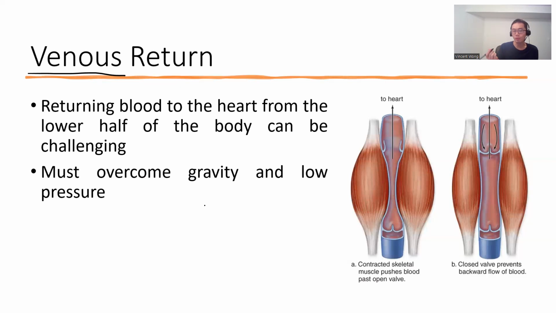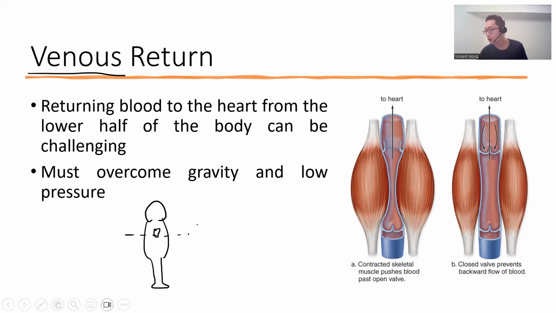There are 2 main challenges with this. Right? Challenge number 1, if you think about it, this is the person, and the heart is right here. Right? So the blood has to go against gravity. All this blood at the bottom of the body has to go against gravity to return to the heart.